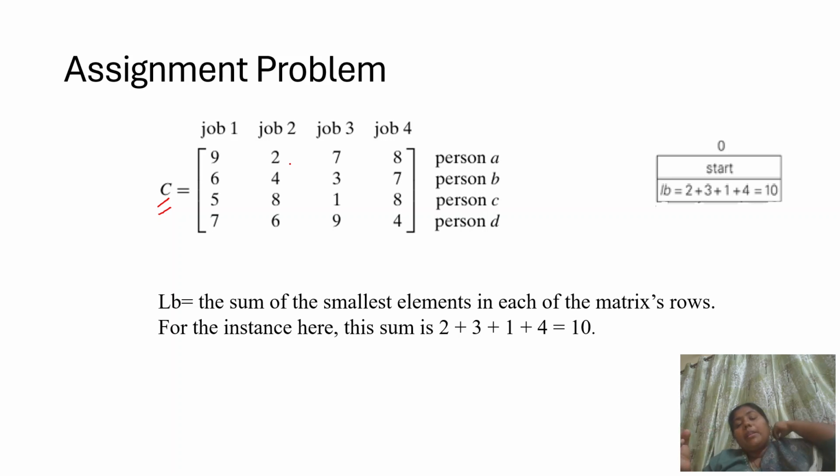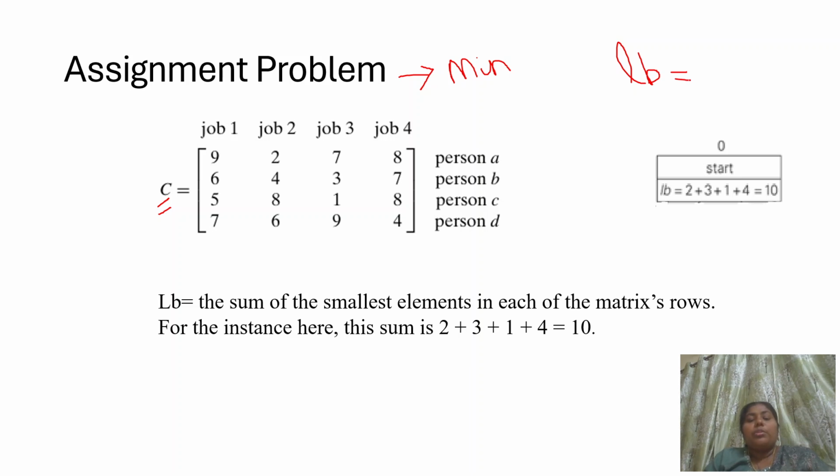In order to find a better solution, note that this assignment problem is a minimization problem. Since it is a minimization problem, we are going to use a lower bounding function.